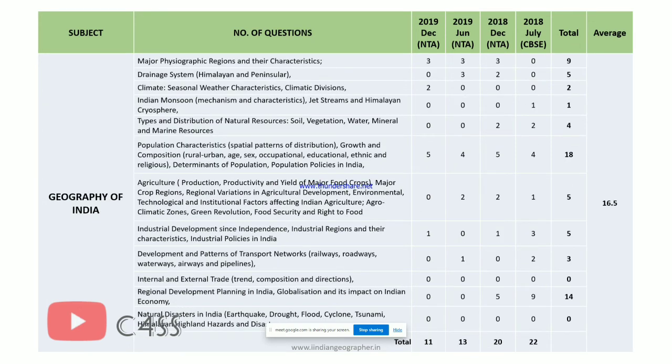Then the major part, geography of India, wherein you get the maximum number of questions, right? Normally it goes up to 15 to 16 questions every year, because some of the other topics also have a linkage with India. So you'll find lots of topics coming through from here. And here, the most important thing to be concentrated upon is the census of India data and the census of India analyzed data outputs that are there.